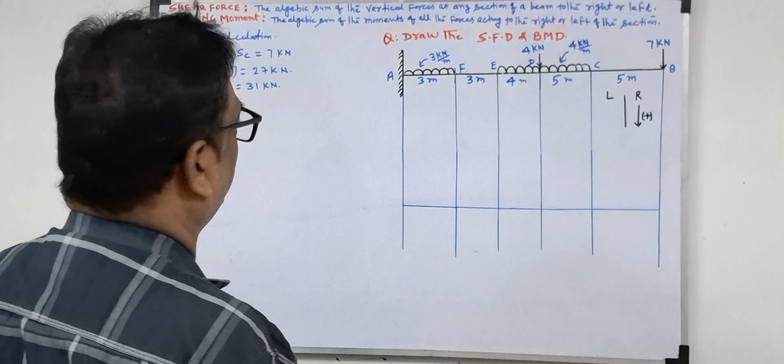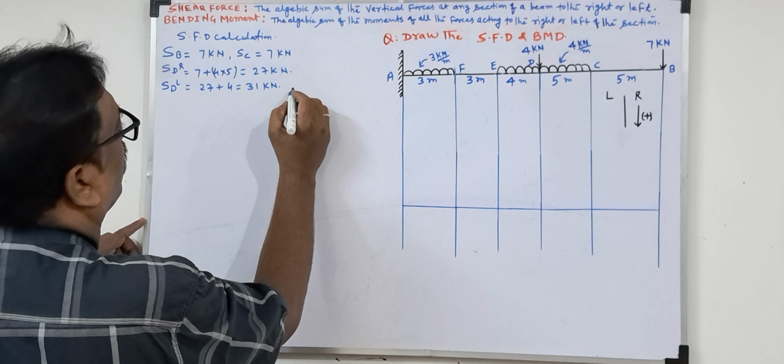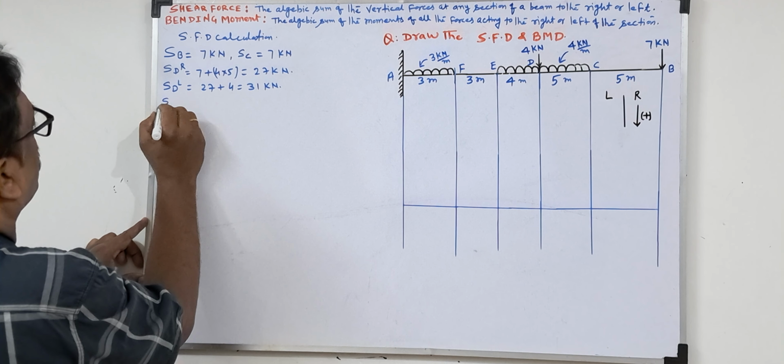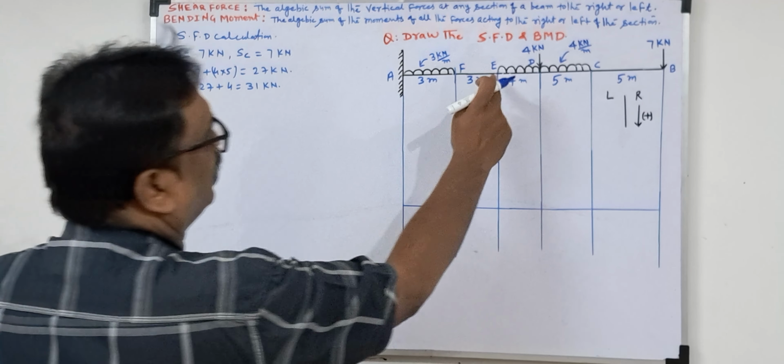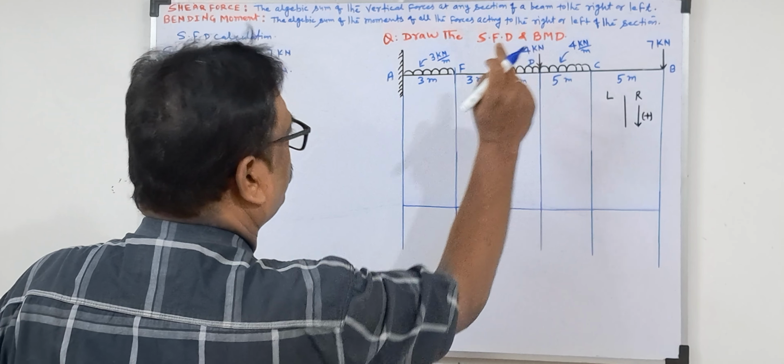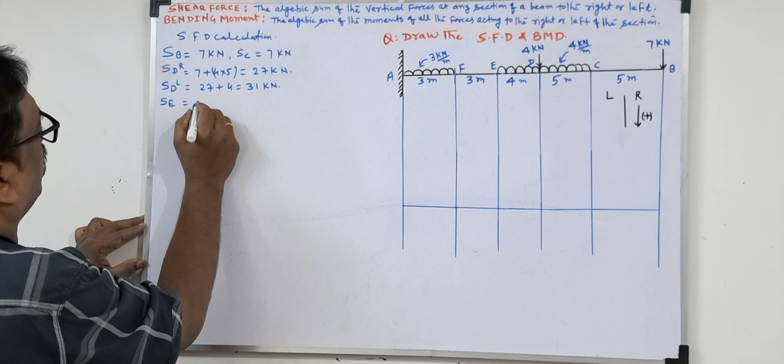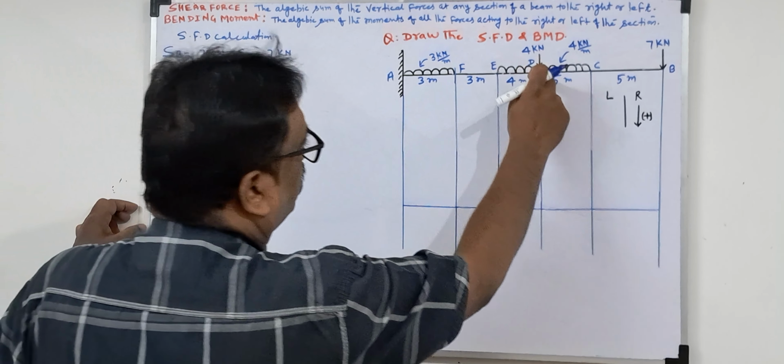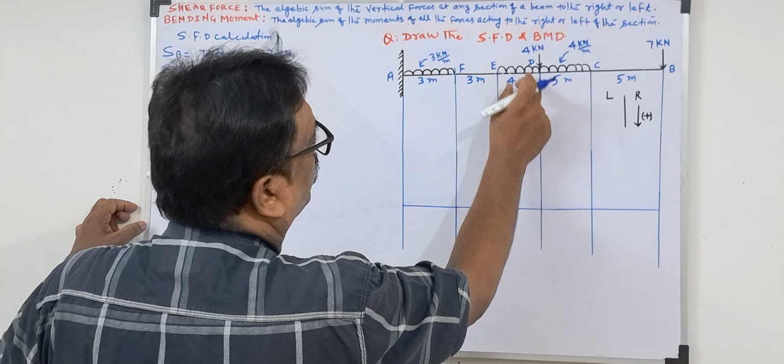Now we'll come to SE. At SE, only UDL is there. Up to point D, how much? 31. Then the remaining part has only UDL.